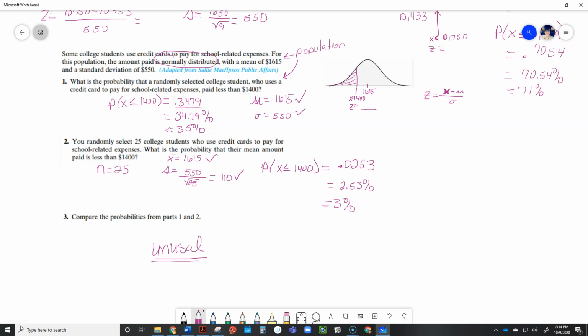They ask you if the outcome is unusual, and any percentage right here that's less than 5% is unusual. So this outcome is not at all unusual. This outcome is unusual. Why? Because it's less than 5%.